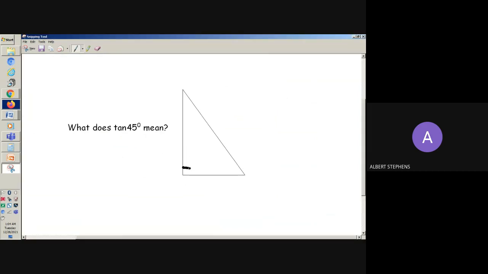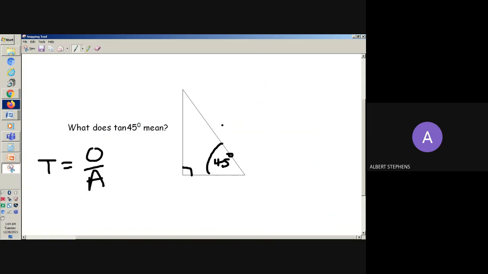So let's label our triangle. So this is 45. Right, so the formula for tan is opposite divided by adjacent.